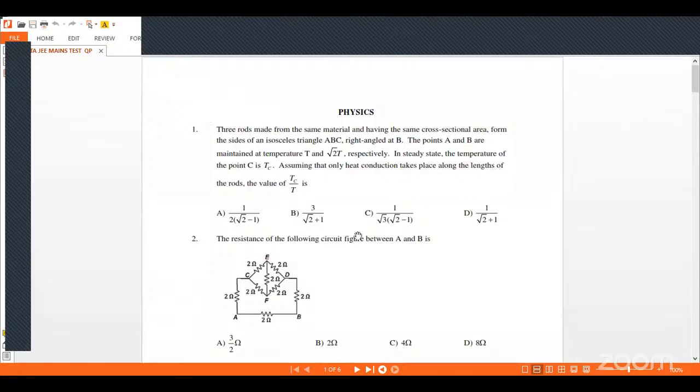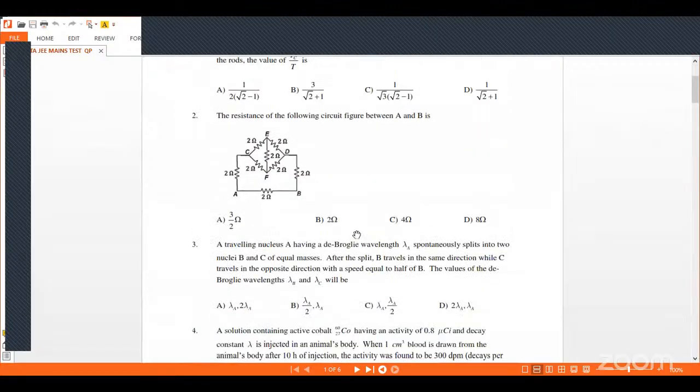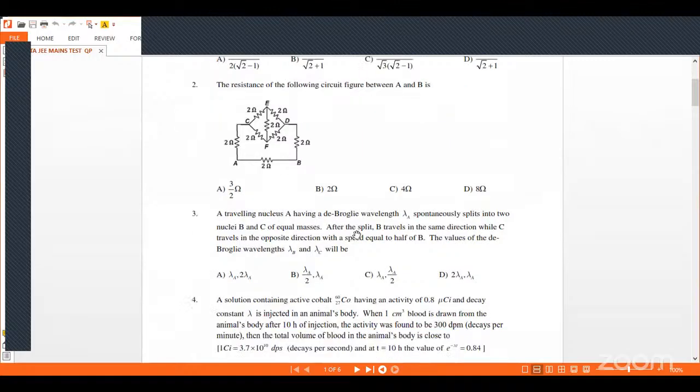The resistance of the following circuit between A and B. We need to find the resistance of the circuit between A and B. First, in the Wheatstone bridge, I can say that the bridge is balanced.